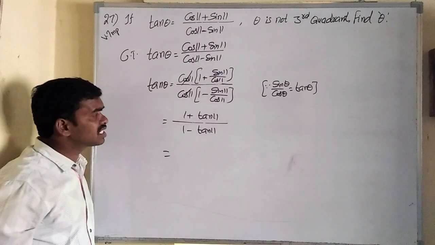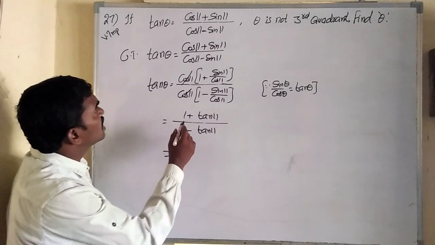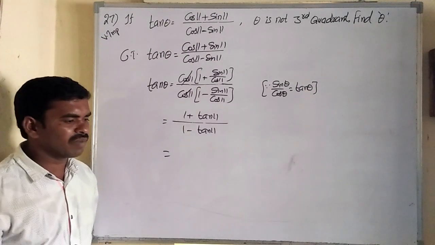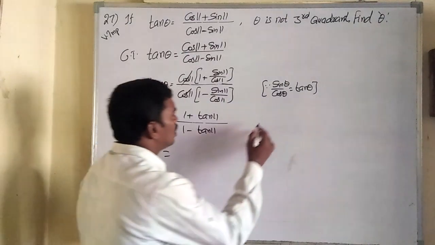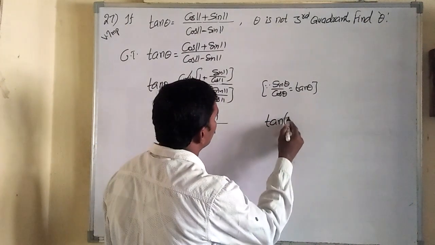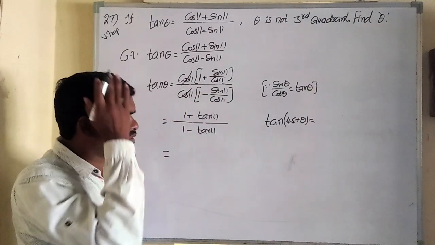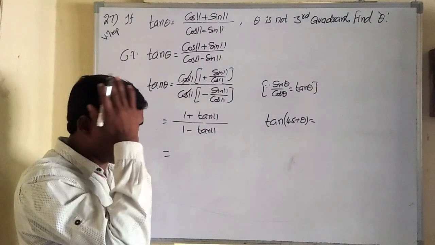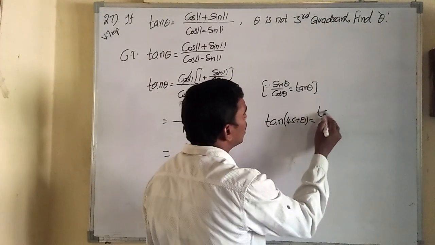And if you see this, what can we write? (1 plus tan theta) by (1 minus tan theta). Okay. What is tan of 45 plus theta? If you forget that formula, then what can we apply? The tan of a plus b formula.